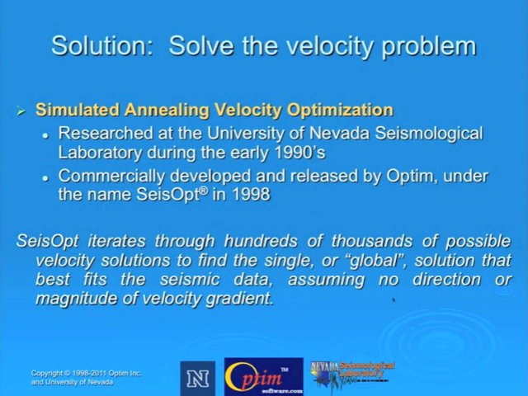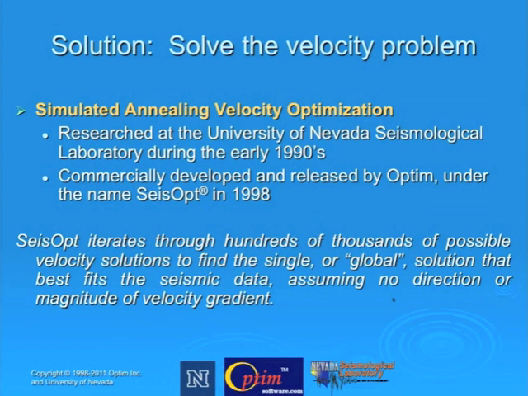So the solution to this problem is to solve the velocity problem. All right, and there's a technique called simulated annealing velocity optimization. You have already seen it in terms of the code that Satish ran your picks from Lab 1 through, and you've all seen now the results from that code.